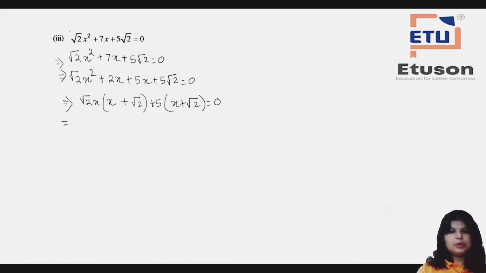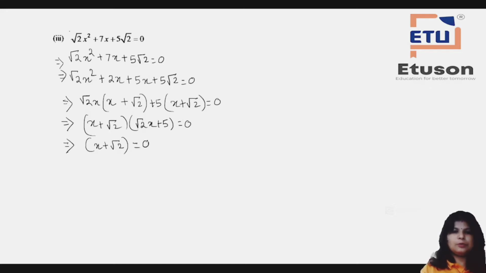Correct? So now it implies you have x plus root 2 into root 2x plus 5 is equal to 0. So you have got the linear factors. Now you have to put the linear factors equal to 0. So x plus root 2 is equal to 0 and root 2x plus 5 is equal to 0.